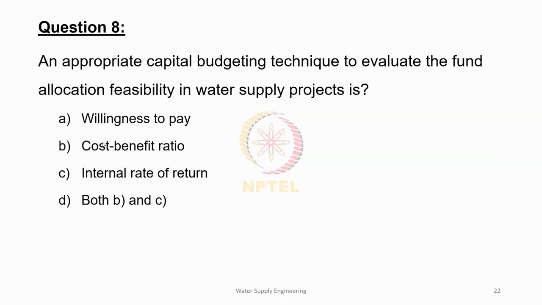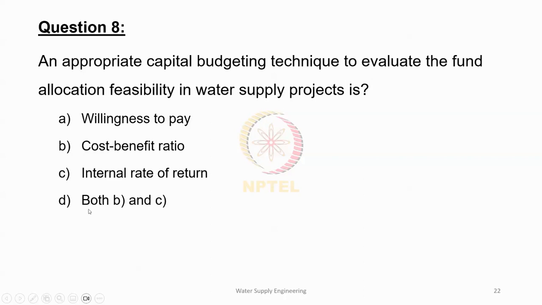Question number 8. An appropriate capital budgeting technique to evaluate the fund allocation feasibility in water supply projects is. Option A, willingness to pay. Option B, cost benefit ratio. Option C, internal rate of return.